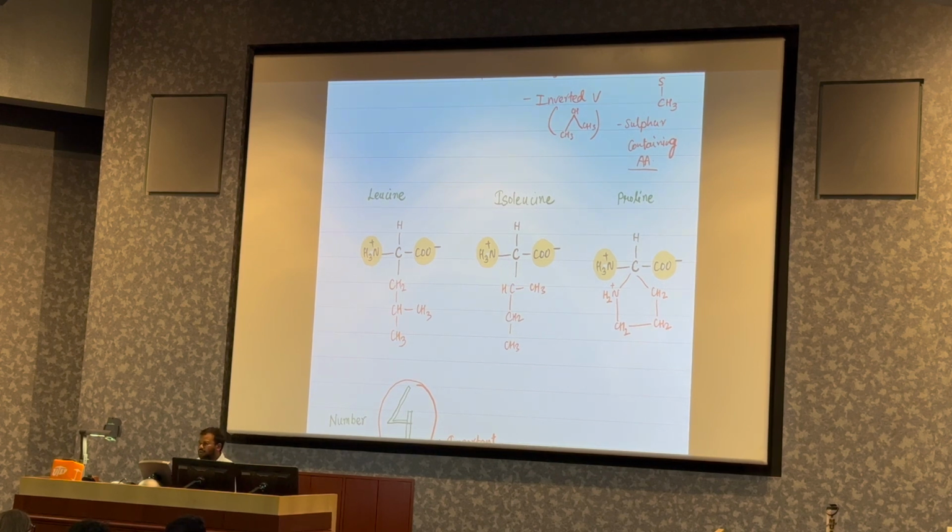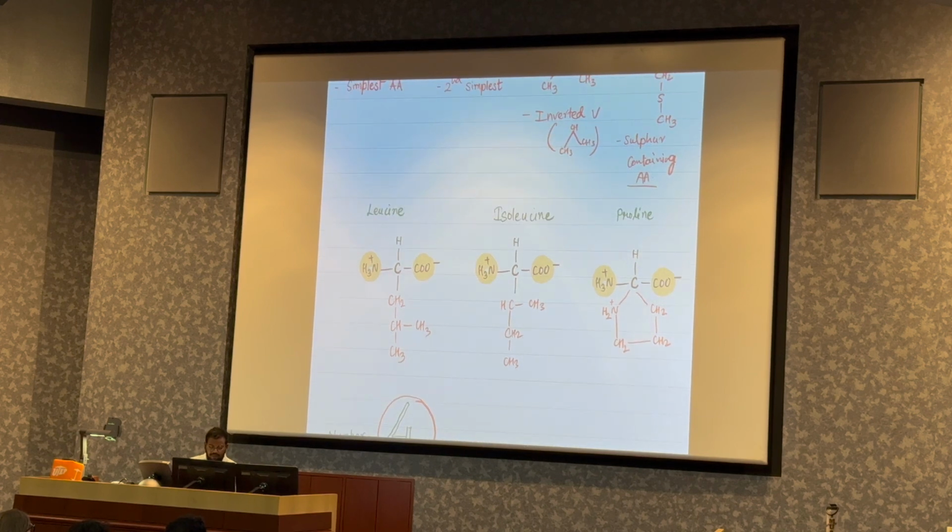Am I clear up to here? Let's go ahead and remember how we can remember leucine. Can you see a correlation between leucine and isoleucine? What is the difference? There's a word iso. Iso means isomers. So isoleucine is an isomer of leucine. I told you isomers have a different arrangement of groups around the atom.